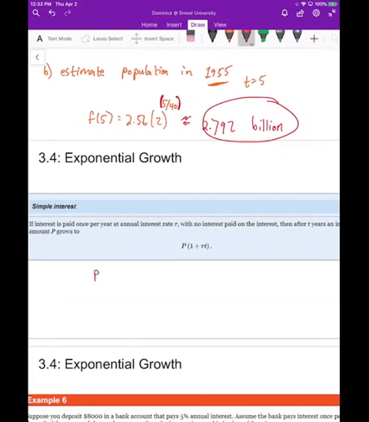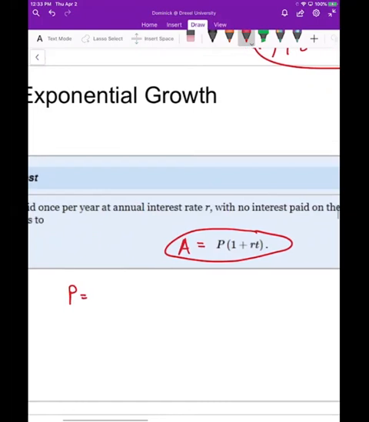So for simple interest, you have that this A, I usually use A, is equal to P times (1 plus RT), right? And of course, what do all of these numbers mean? Well, P is the initial deposit. R is the interest rate as a decimal.